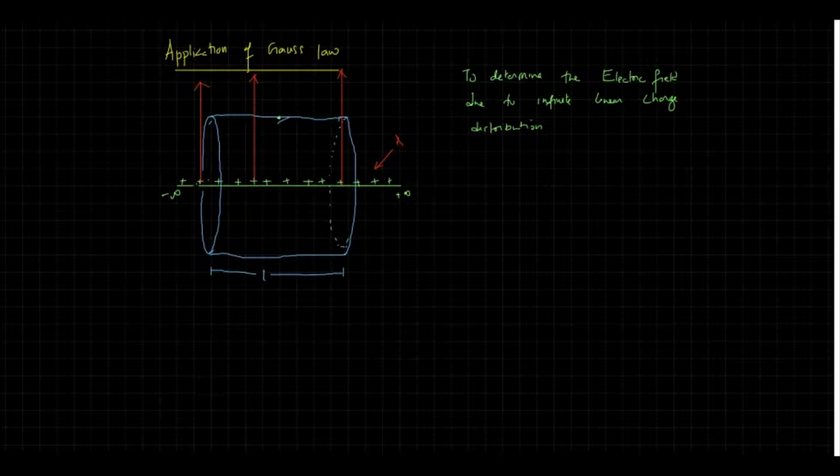If I take a small imaginary area vector here, one area vector here, a small unit area here, similarly one uniform area here, and I draw the normals, the normal for this vector is this side, and for this one it will also be along the right hand side.